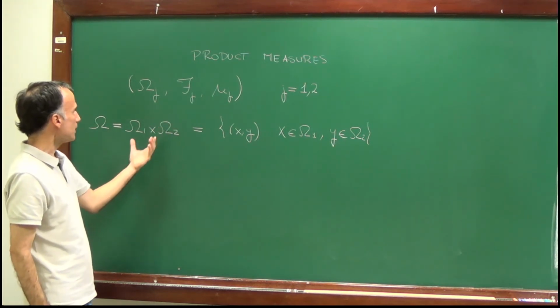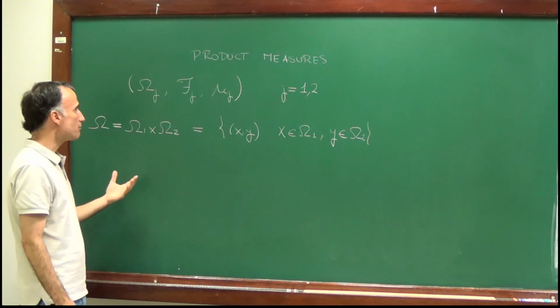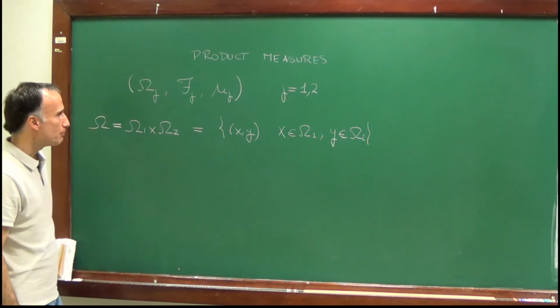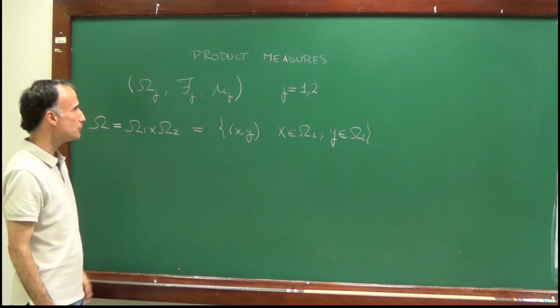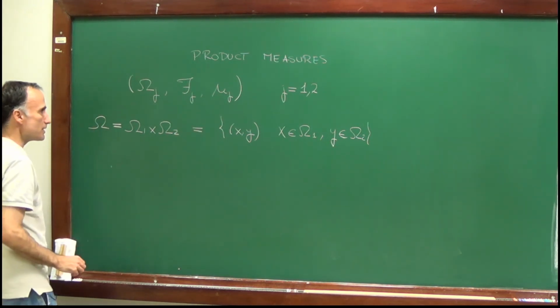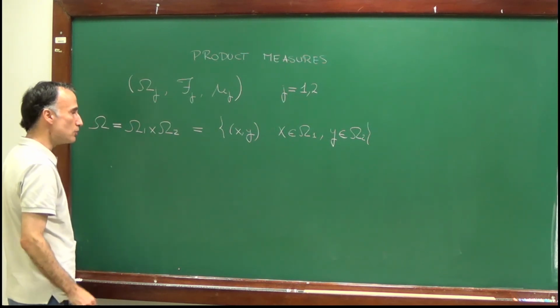And in this sigma algebra generated by the rectangles, I would like to define a measure starting from these measures mu1 and mu2. So let me explain exactly what is the goal.